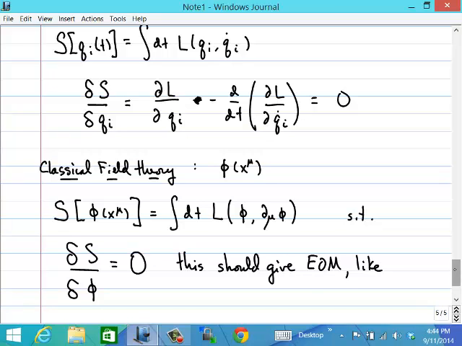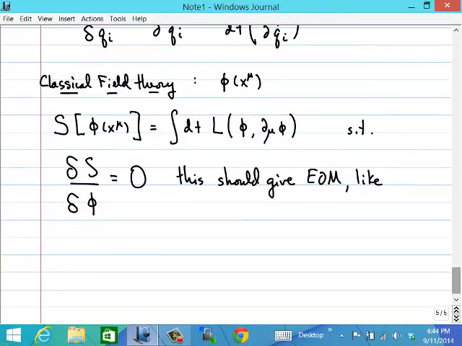So, for example, in the simplest case, we would like to find the action which gives the Klein-Gordon equation. Box phi is equal to 0. Or more generally, box phi is equal to minus m squared phi.